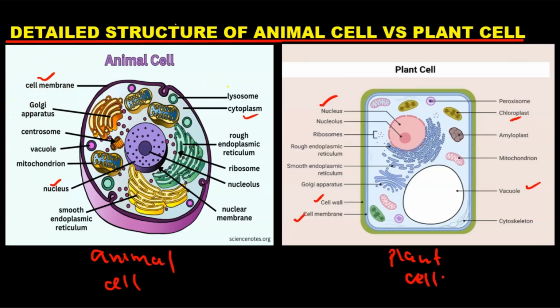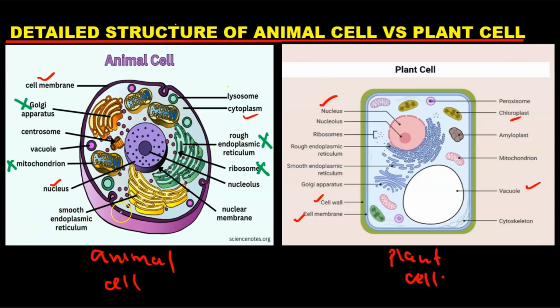That is the Golgi body, or Golgi apparatus. We have the mitochondria, the ribosomes, and the endoplasmic reticulum.